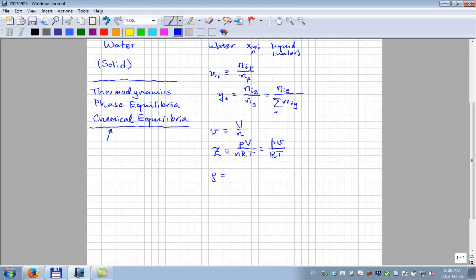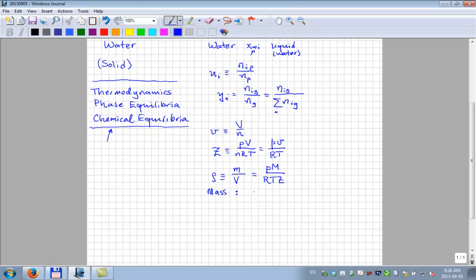So that's defined as the mass over the volume, which we could write, I suppose, in terms of this generic Z factor. We could write it as pressure times the molecular weight over RTZ. That's how you would calculate it, knowing pressure and temperature and the Z factor. So this is mass density.